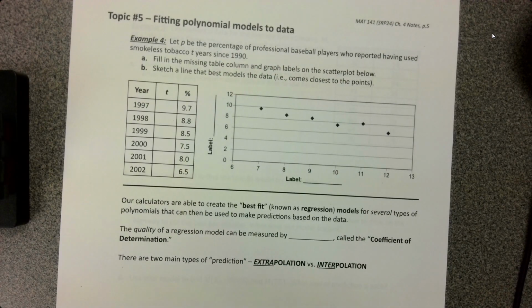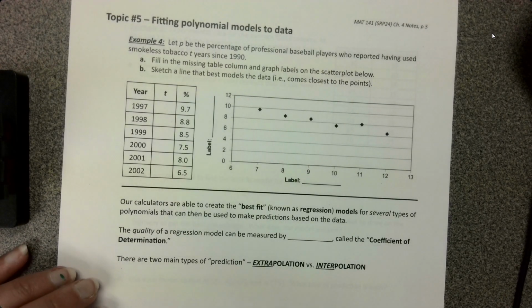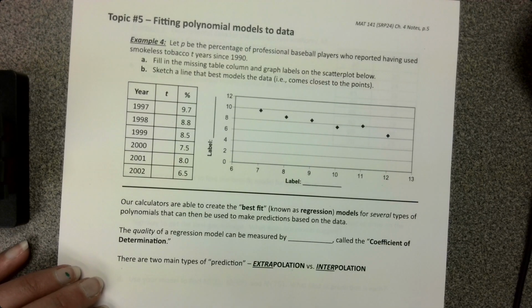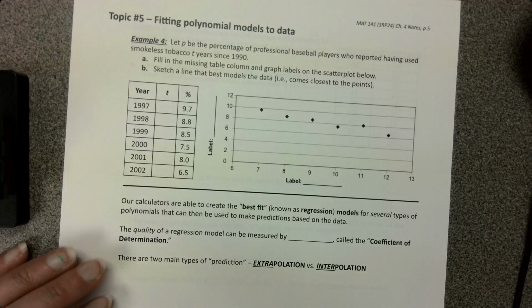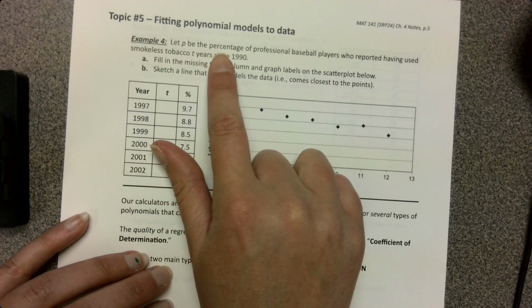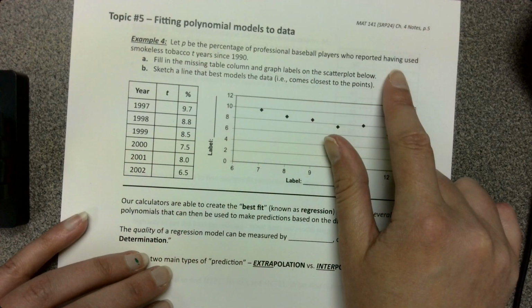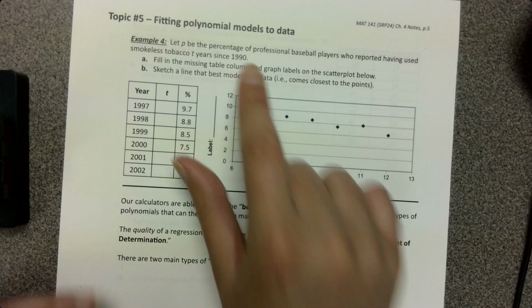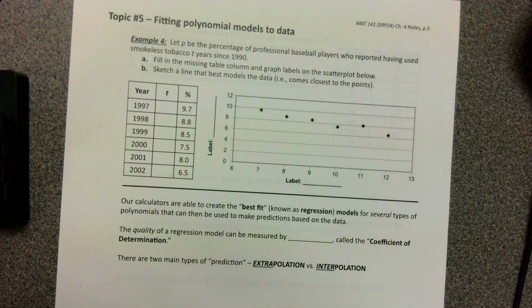Topic 5. We're looking next at fitting polynomial models to data. In this example, we're going to let P be the percentage of professional baseball players who report having used smokeless tobacco at T years since 1990. Fill in the missing table column, label the scatter plot, and then sketch the line that best models the data.